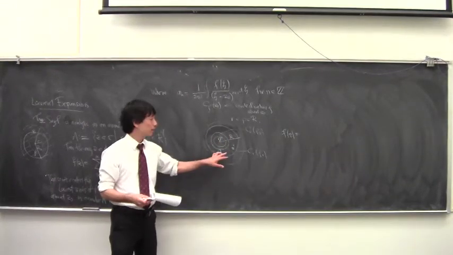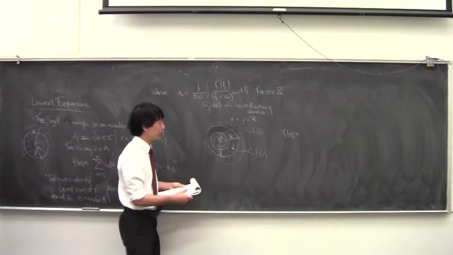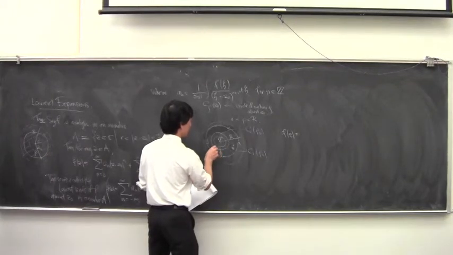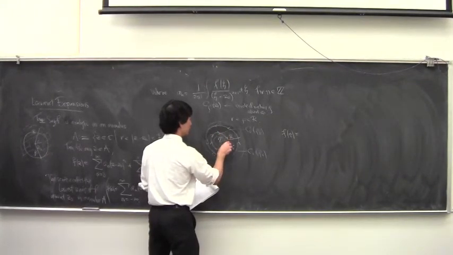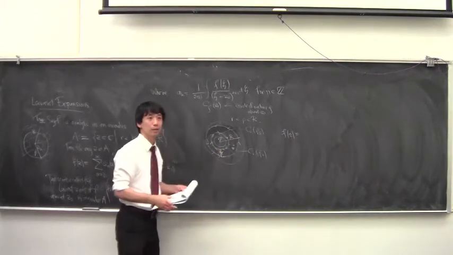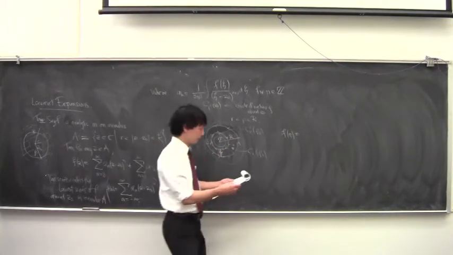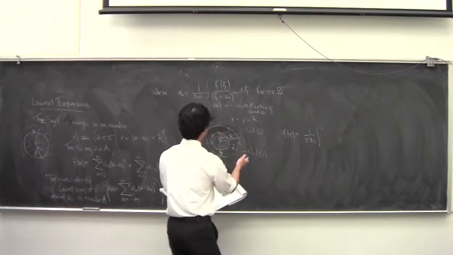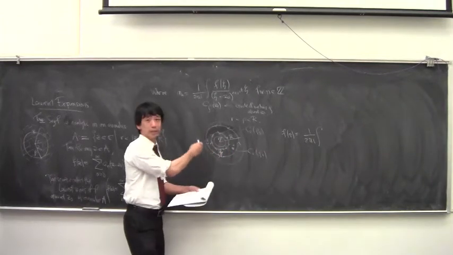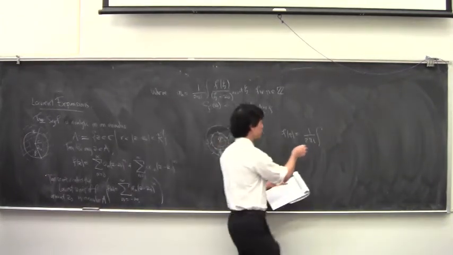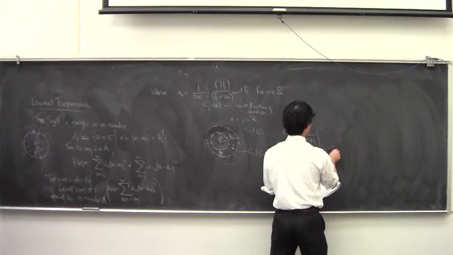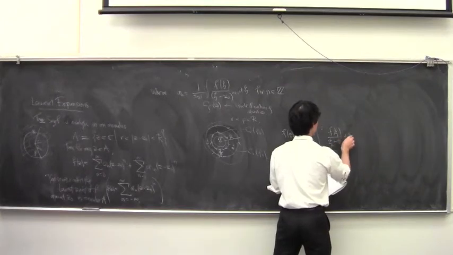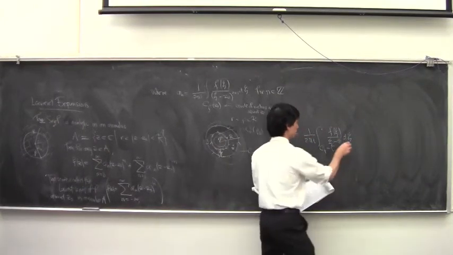I'm going to use Cauchy's integral formula on that path, going up here, backwards in this direction, and then down. And you see that Cauchy's integral formula will say that you get the integral over the outside guy minus the integral over the inside guy. So I'm going to separate that.